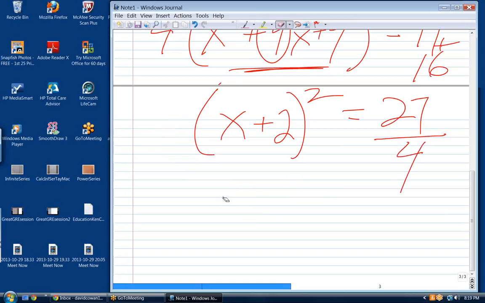So that's true. Now what's a good second step? Still trying to isolate x. Take the square root of both sides. So x plus 2 equals what? Plus or minus the square root of 27 divided by 4.